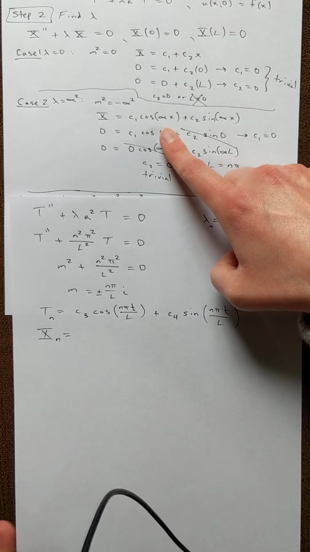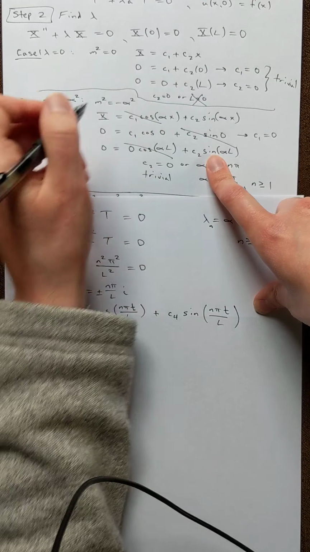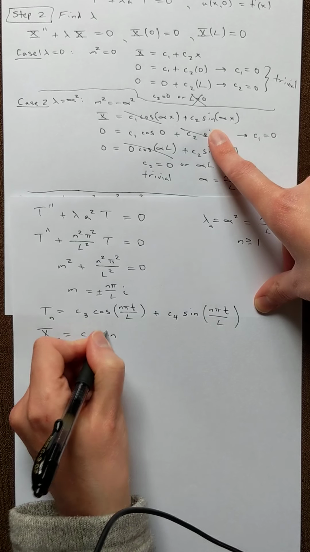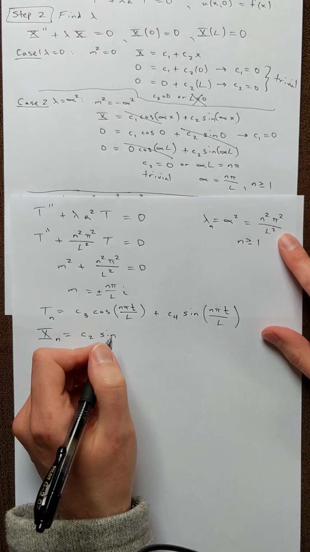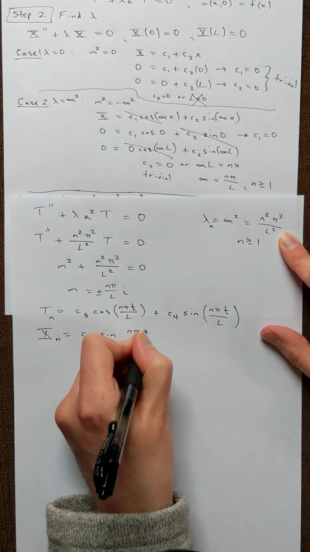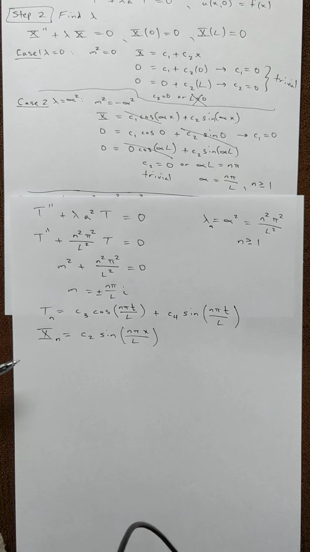X was given by, let's see, c1 is 0, and c2 sine of alpha x, and alpha is n pi over L. Okay, so those are the solutions of the two individual ordinary differential equations. You can also think about these as being the two eigenfunctions.